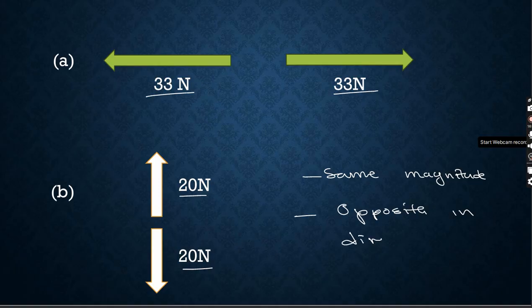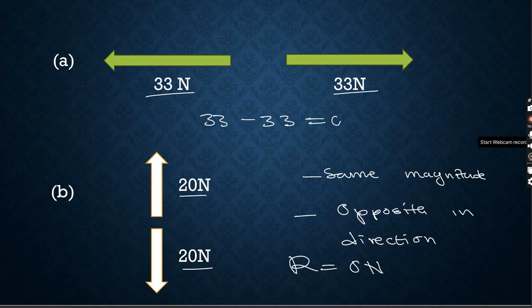And I'm sure you guys have got calculators, because I don't have a calculator with me here. So when two vectors are moving in the opposite direction but they have equal magnitude, the resultant vector will always be 0. These vectors are going to cancel out. It is the same as 33 minus 33, which is just going to be 0, guys.